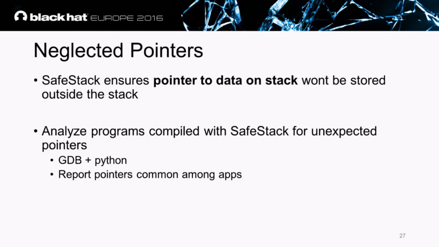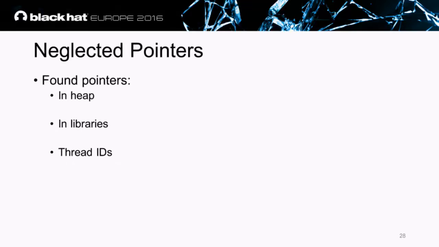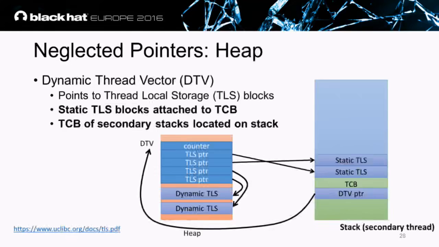And then we manually verified the pointers. We found pointers and categorized them in three groups. We found pointers in the heap, we found pointers in libraries, and something very interesting are the thread IDs. We will look at that.